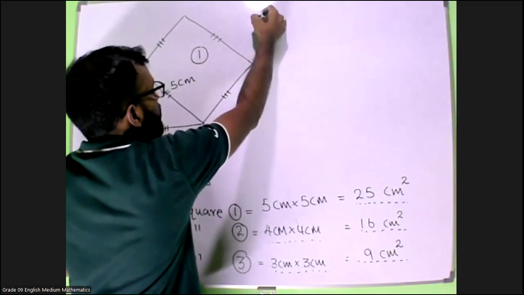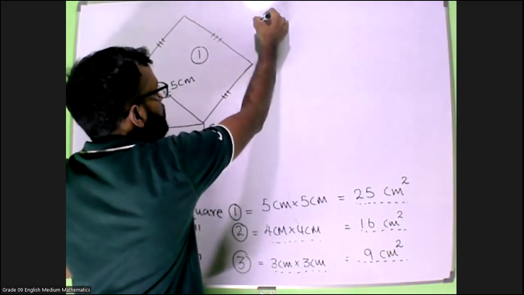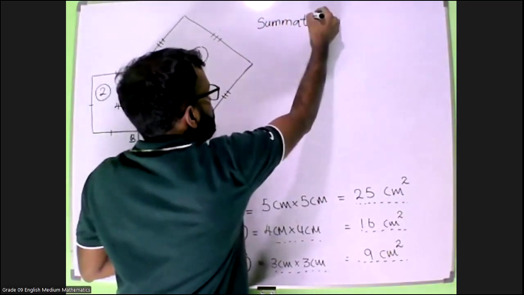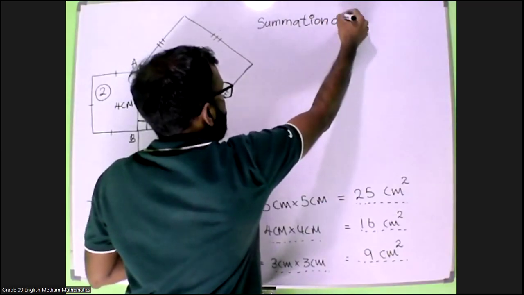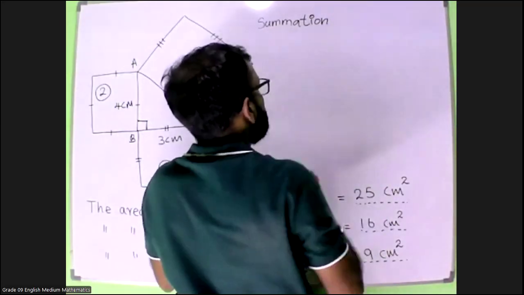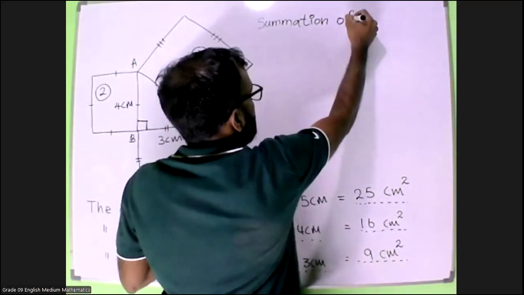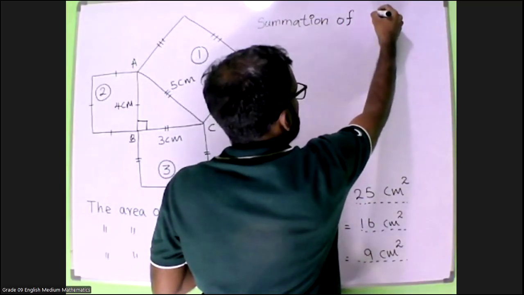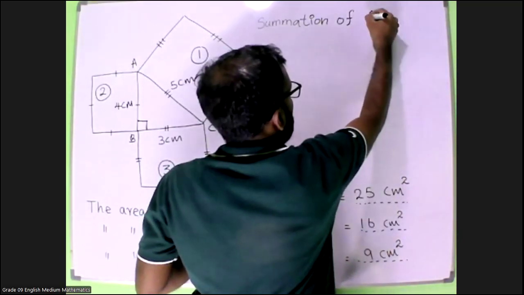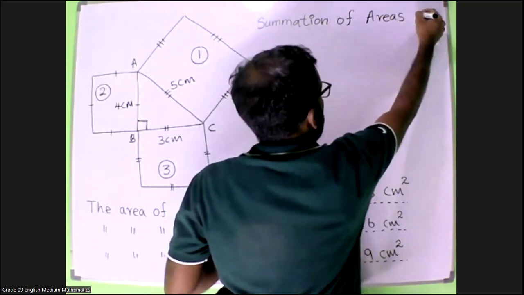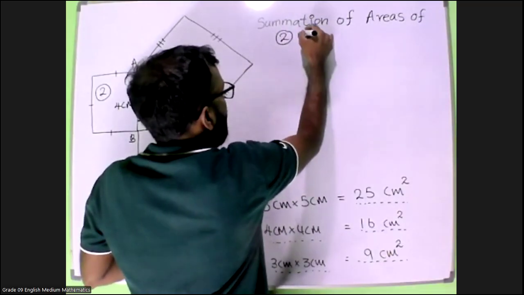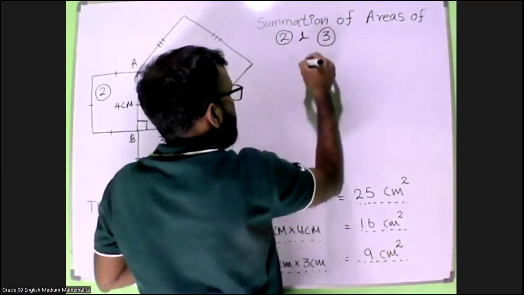I am going to take the addition of 2 and 3, the summation of the area of square number 2 and 3. Right?